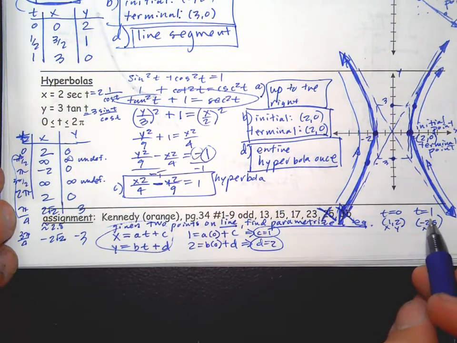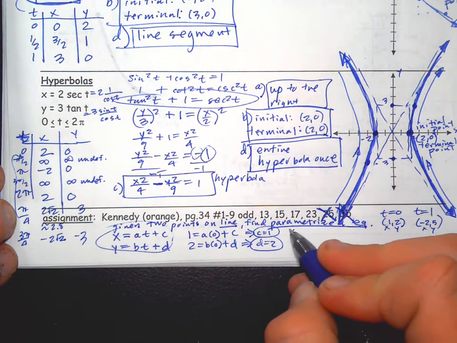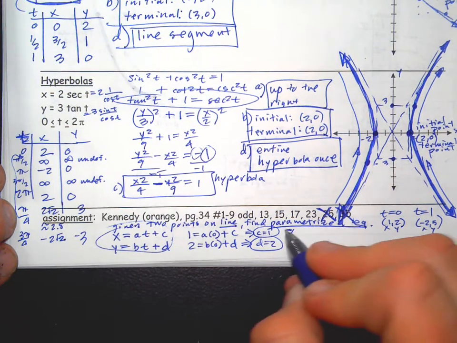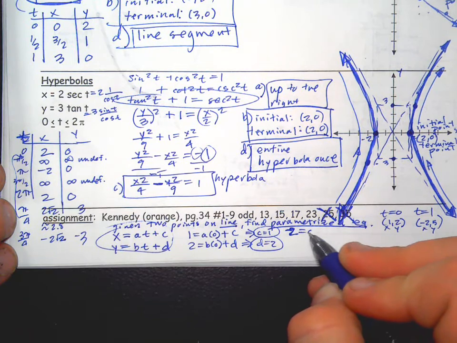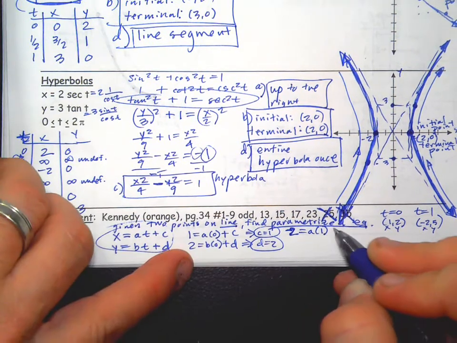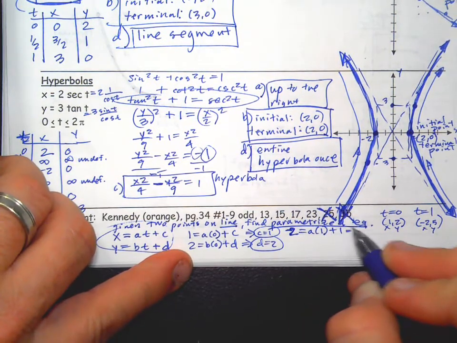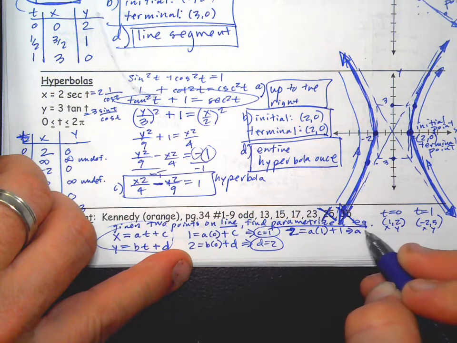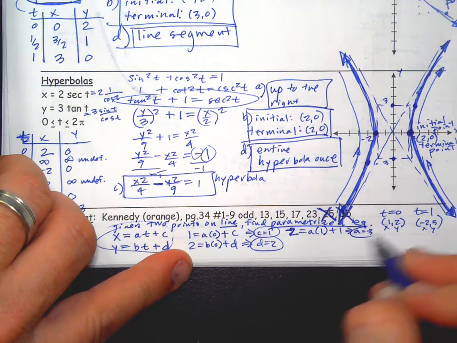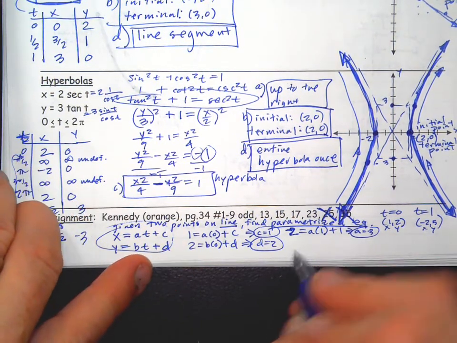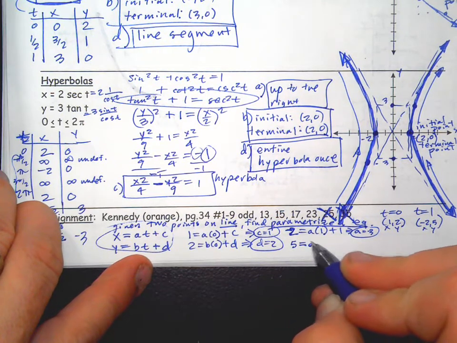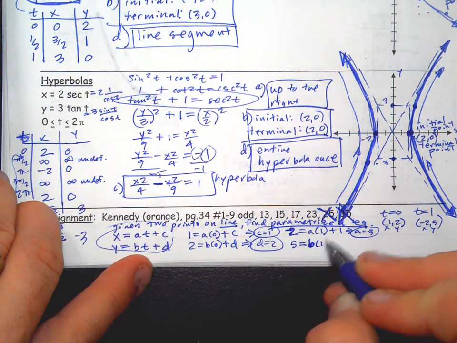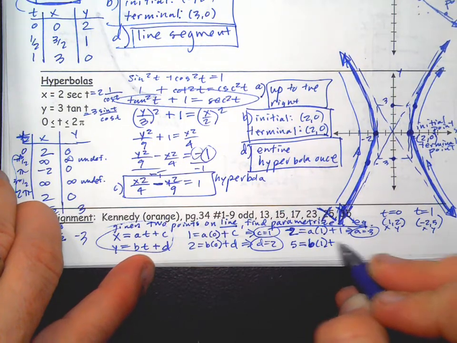Now I'm going to use this next one, but I'm going to go ahead and plug in what I have so far. So x equals negative 2 equals a times 1, and I found c was 1. So now I could say a equals negative 3. And I could do the same thing here. The y value is 5. The b times the time is 1, plus d is 2.